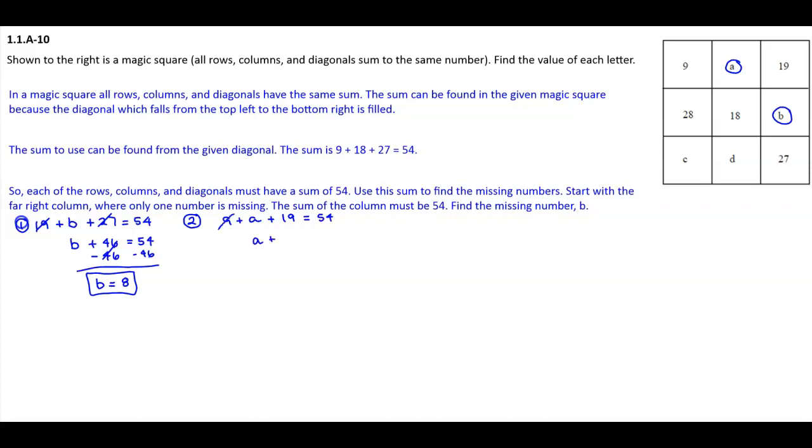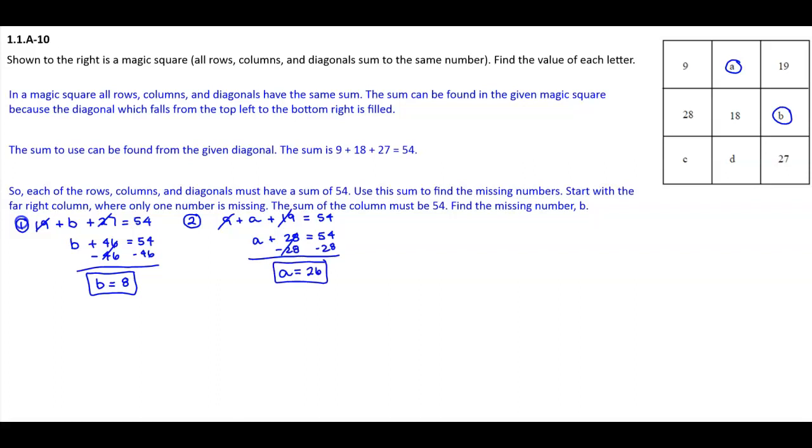So now we're going to add 9 and 19. 9 plus 19 gives us 28, and that's equal to 54 minus A. Now we're going to subtract 28 from both sides, and therefore A is going to equal 54 minus 28, which is 26.